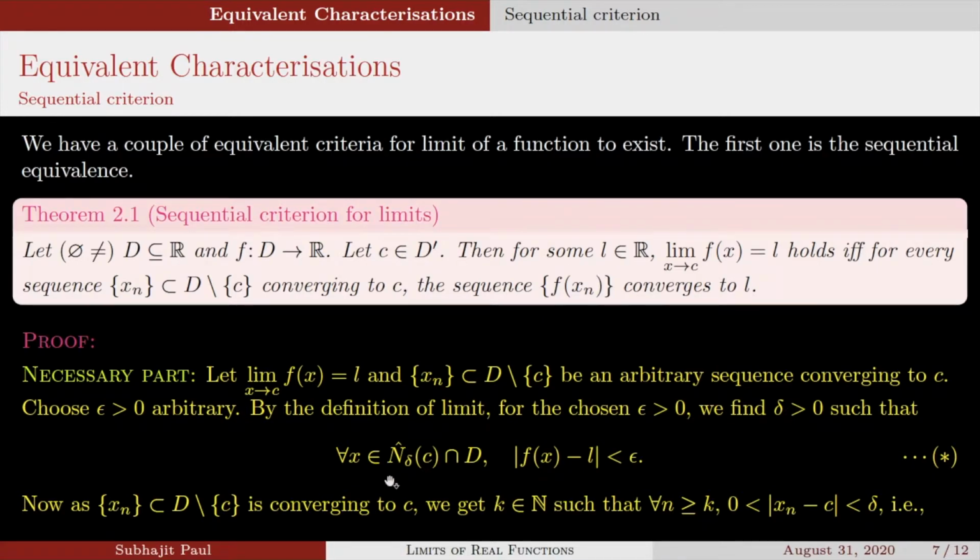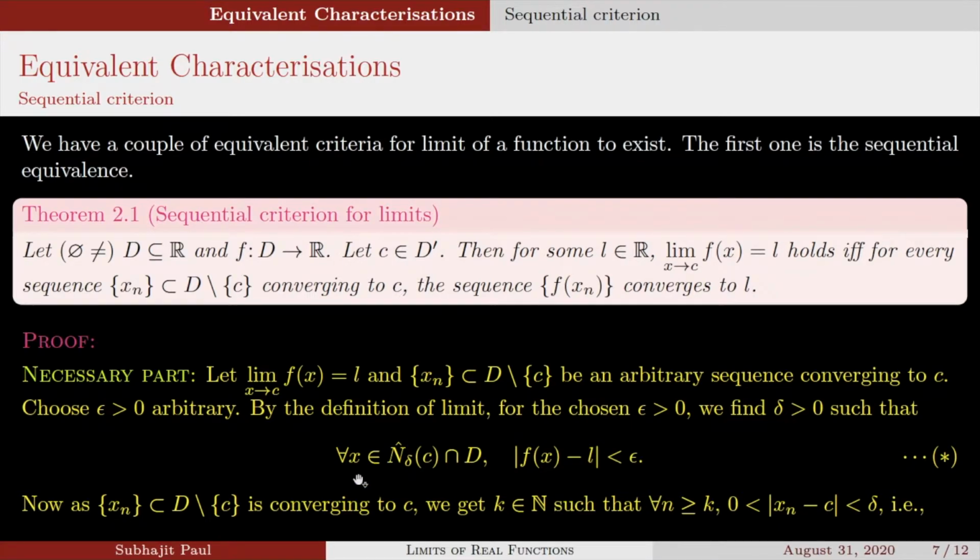So our motive is this. Understand this one: for the points in the deleted delta neighborhood of C, the inequality for f(x) is satisfied.